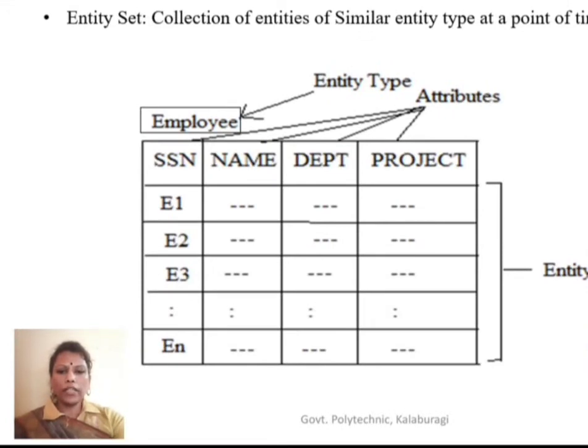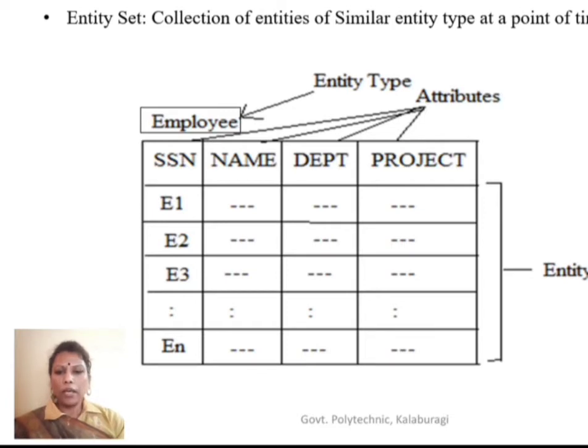In the employee entity, we are storing n number of employee records, that is E1, E2, E3 up to En. Consider n is 10. That means here we are storing 10 employee records. Now these 10 employee records are of type employee, right?